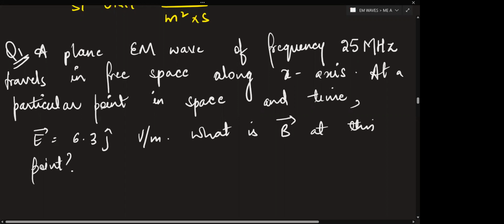This question, we have discussed the formula for this. You just have to find the magnetic field. Electric field is given to you.